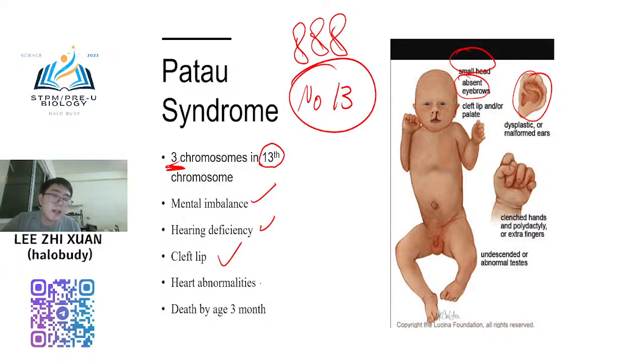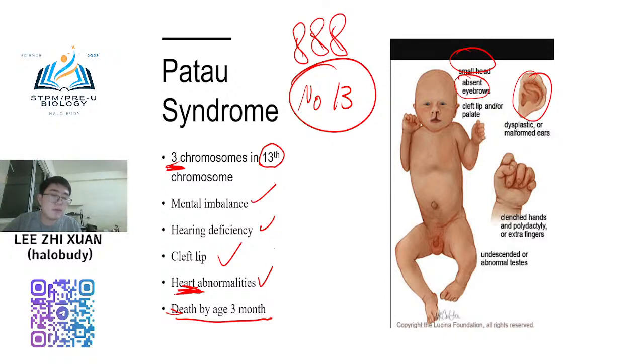Cleft lip, heart abnormality, yang ni jantung dia sangat berbeza lah compared to the normal people. So because of the heart abnormality, normally this one very short lifespan lah, 3 bulan atau 1 tahun lah, memang akan mati lah, kerana jantung dia sudah tak kuat macam normal people.